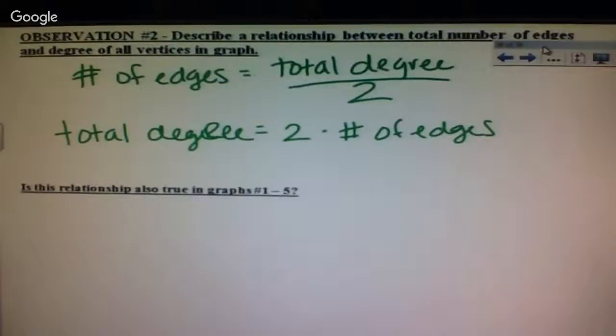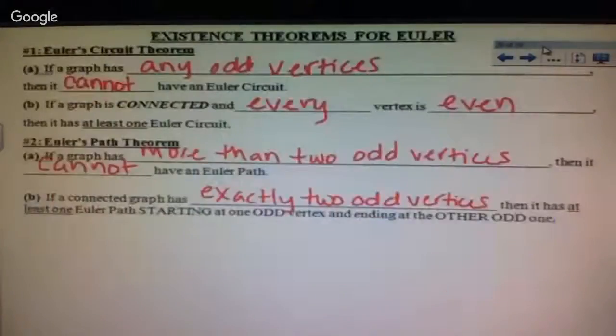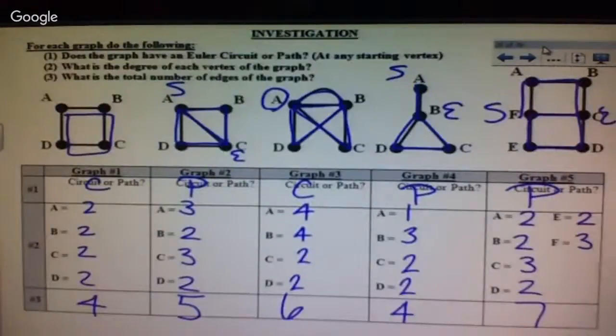If we flip back to graphs 1 through 5, does this also work here? Yes. This is 8. This is 10. This is 12. This is 8. And this is 14. Okay, so this should always work.